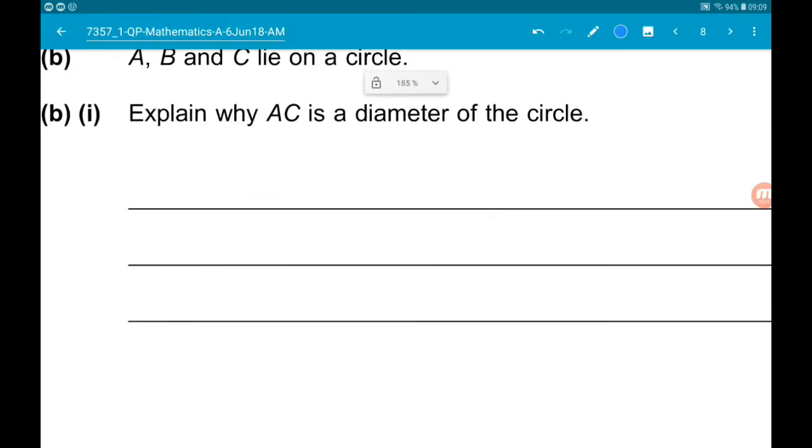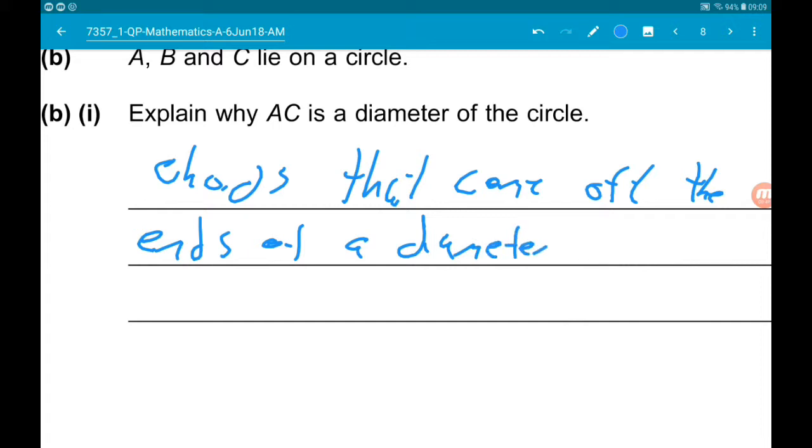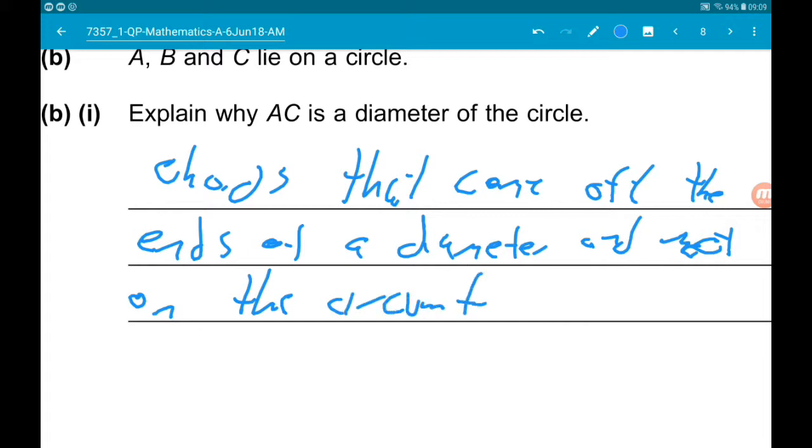Chords that come off the ends of a diameter and meet on the circumference do so at 90 degrees.